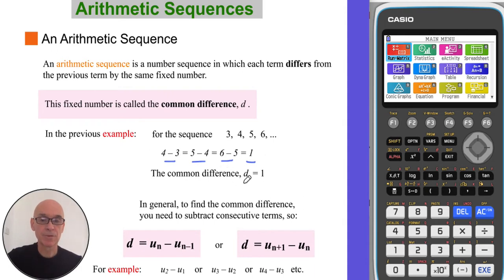So the common difference d is equal to 1. In general, to find the common difference, you need to subtract consecutive terms, as shown in these two formulas given here. However, in practice, you will probably subtract the first term from the second, or the second from the third, or perhaps the third from the fourth.